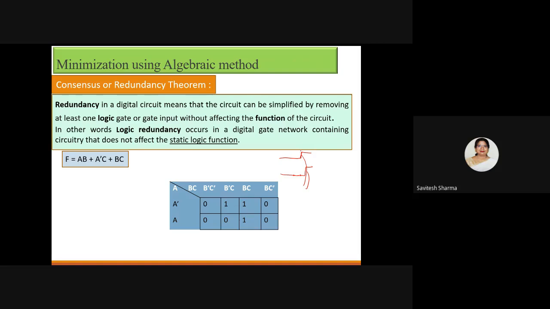So if any redundant term is there, it will not affect the output when it is in a static state. Means your input signal is stable. If it is static, then that term will not play any role in the output. So here I am showing one example.